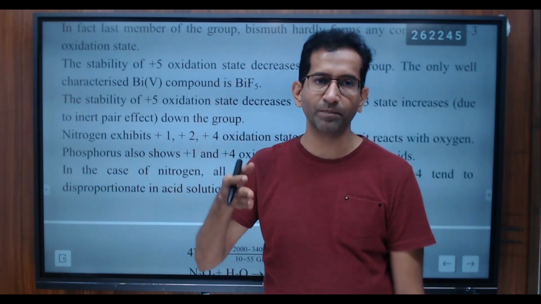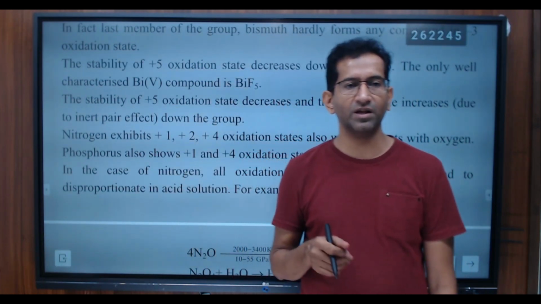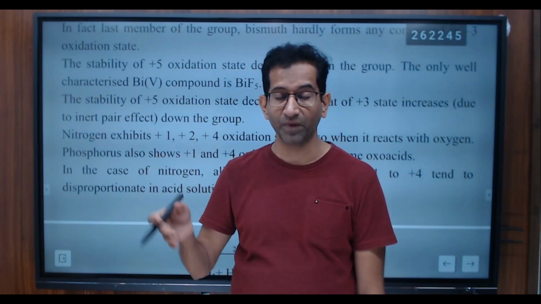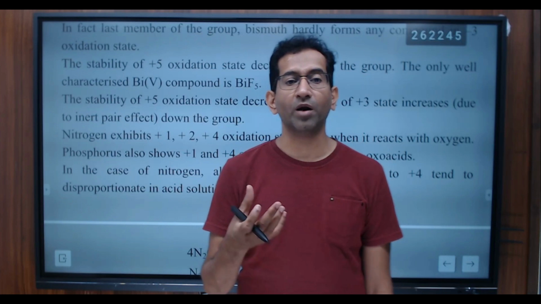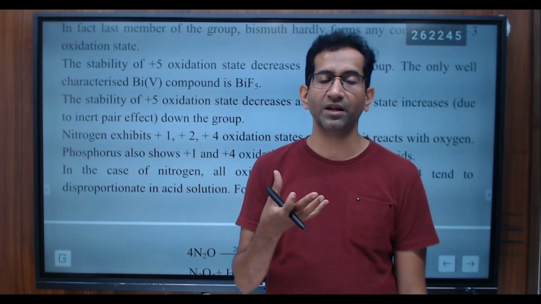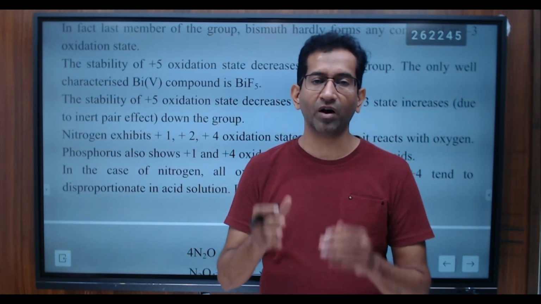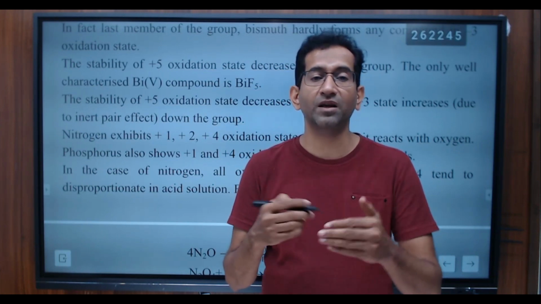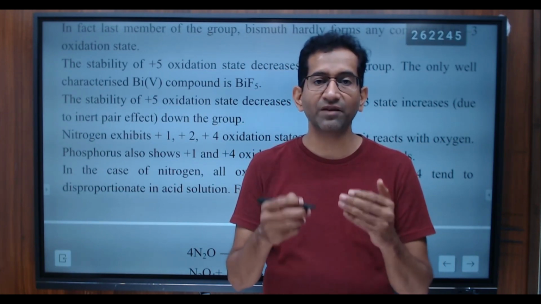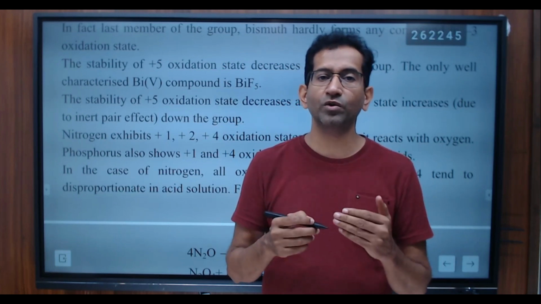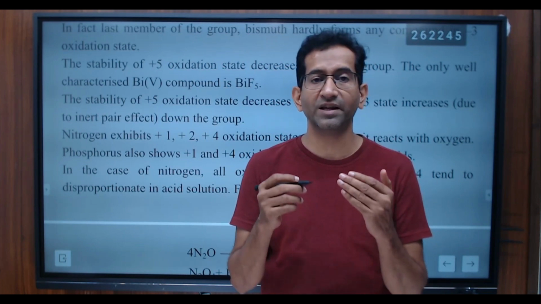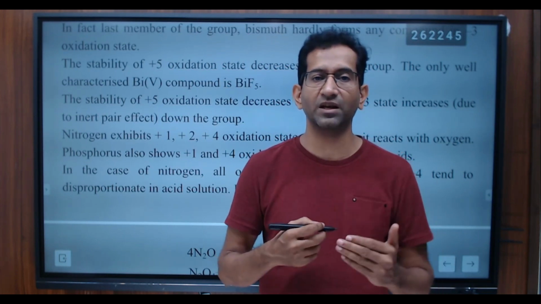As you see in bismuth, the electron configuration is 4f14, 5d10, 6s2, 6p3. As we know, f orbitals have very poor screening effect, so the shielding power of the f orbital is less. So the nucleus has a high effective nuclear charge, Z effective, and due to that the attractive force of this positive charge over the electrons present in the 6s orbital is very significant.